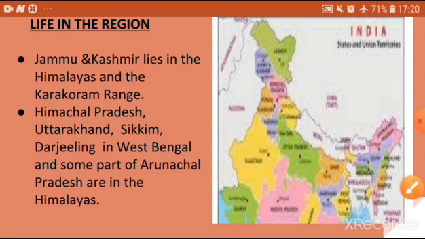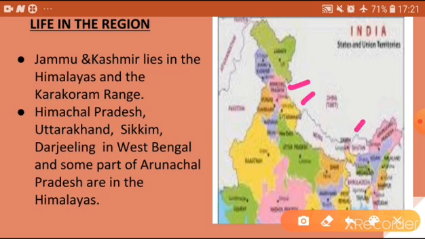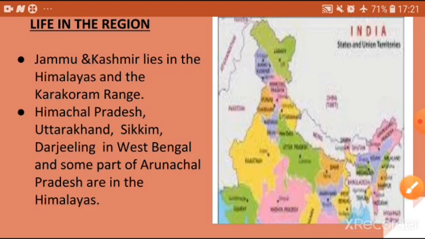So which states will be in the Himalayan mountain ranges? Himachal Pradesh, Uttarakhand, Sikkim, Darjeeling in West Bengal and some places in Arunachal Pradesh. Jammu and Kashmir lies in both Himalayas and Karakoram ranges.